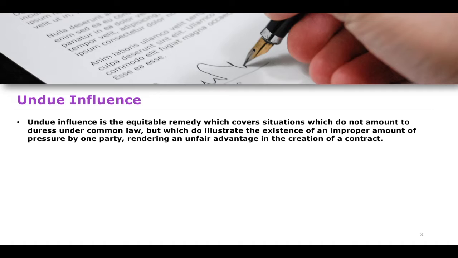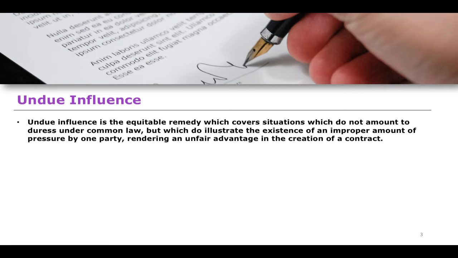So, undue influence is, as I've mentioned, an equitable remedy which covers situations which do not amount to duress under the common law, but which do still illustrate the existence of what would be described as an improper amount of pressure by one party, which would then ultimately render an unfair advantage in the creation of a contract.